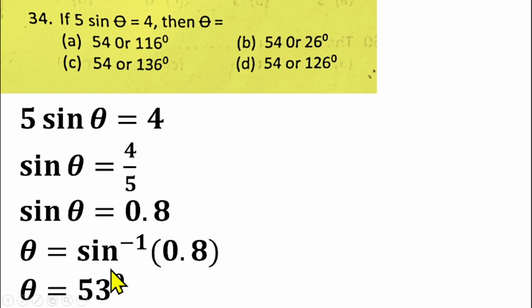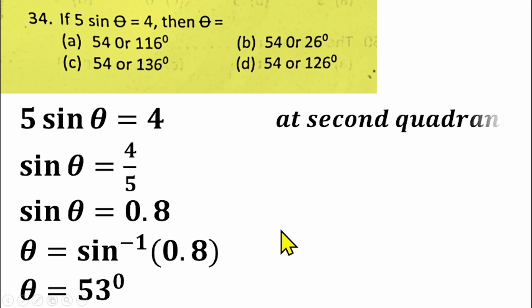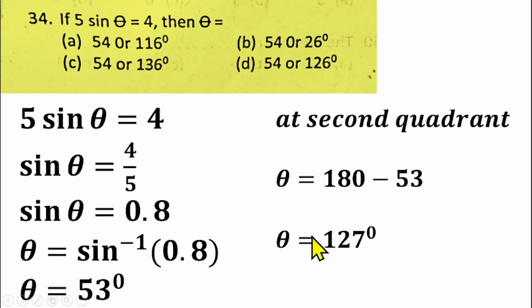So you have already gotten the angle in the first quadrant, which is 53. Then to get the angle in the second quadrant, you subtract this angle from 180 degrees. That will give us 127 degrees. So I think this is the closest. Here you have 54, here you have 53, and here you have 126, here you have 127. So option D is the closest to the answers.